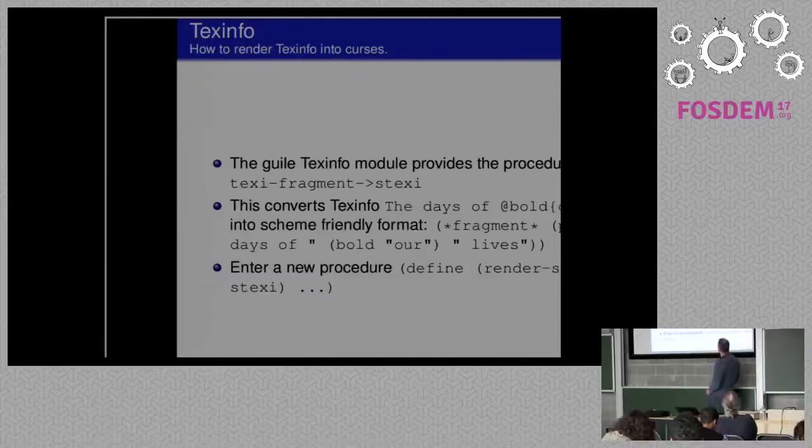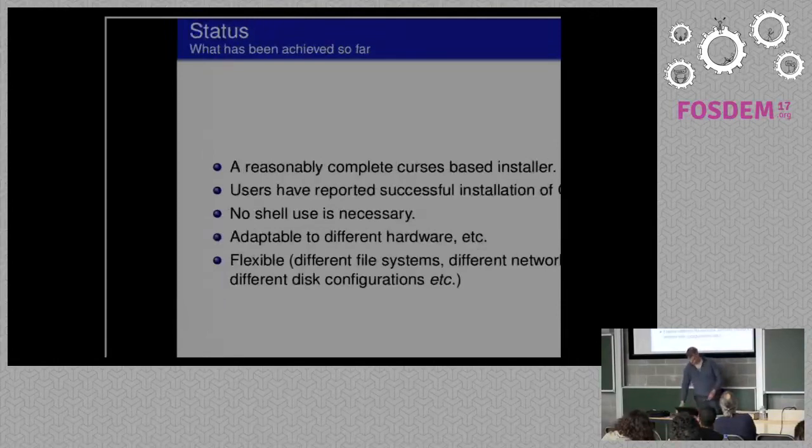That's existing in Guile. I had to write a new procedure to actually turn this into something that curses will play nicely with, and I can show you that later if you're interested.